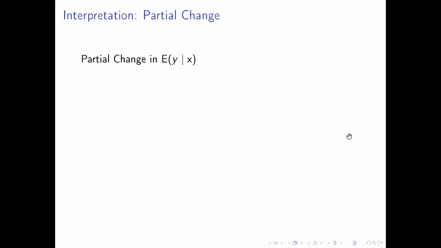Okay, so partial change and marginal change are also measures of effects. That is, the amount of change in y, the response variable, some measure of the response variable, relative to the amount of change in xk.